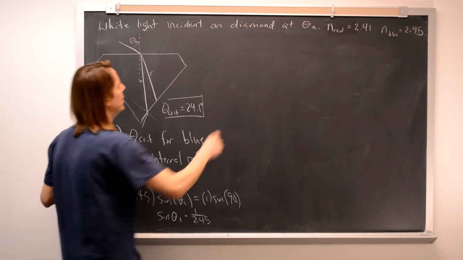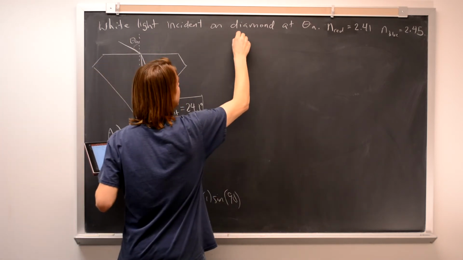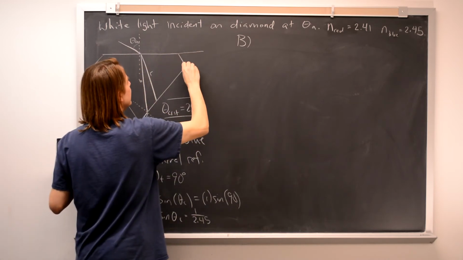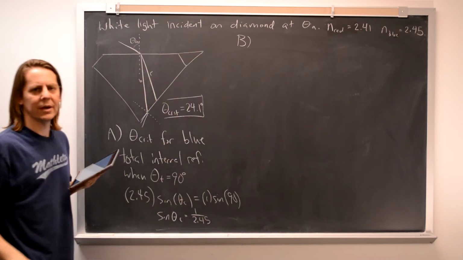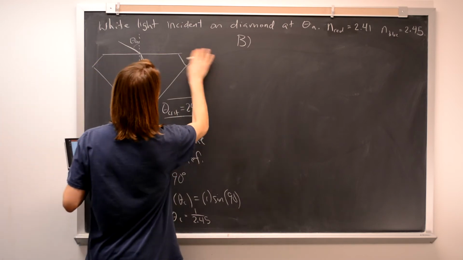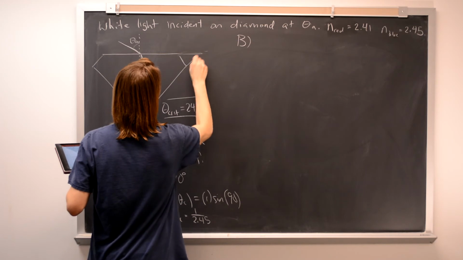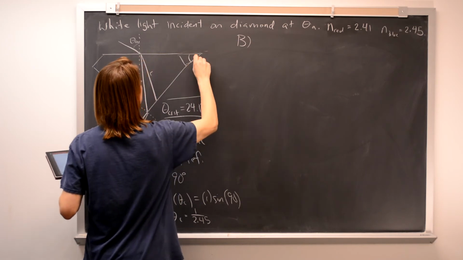Part B tells you that it was cut at this angle here. That's an important angle in diamonds and jewelry making, I suppose. And they call that alpha. That angle is alpha.